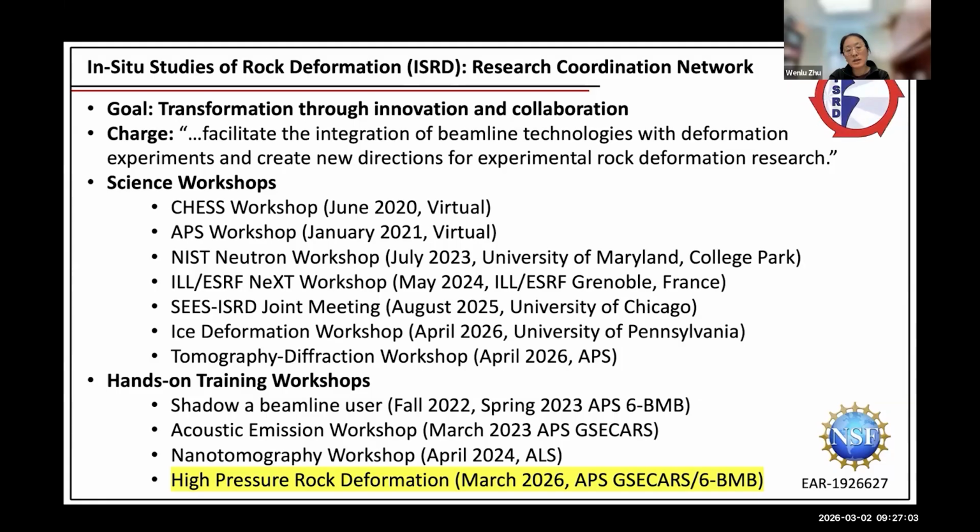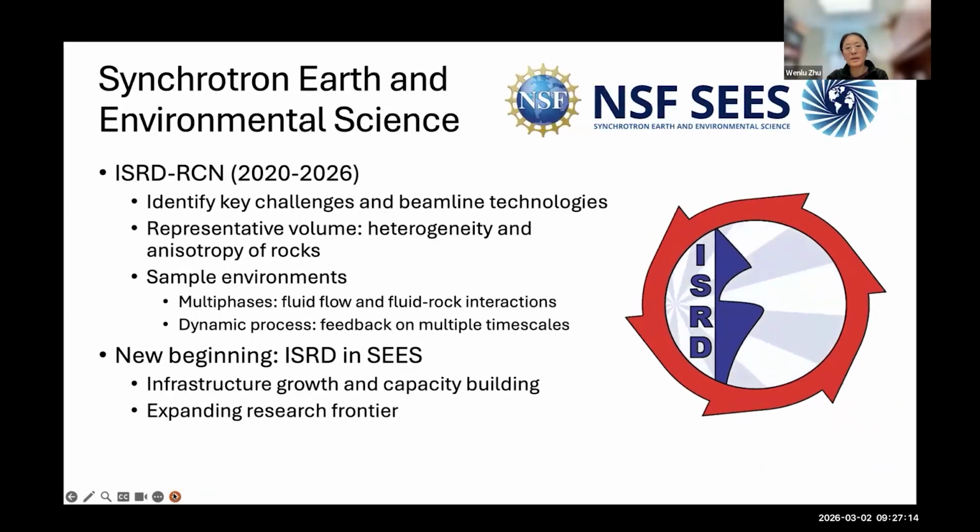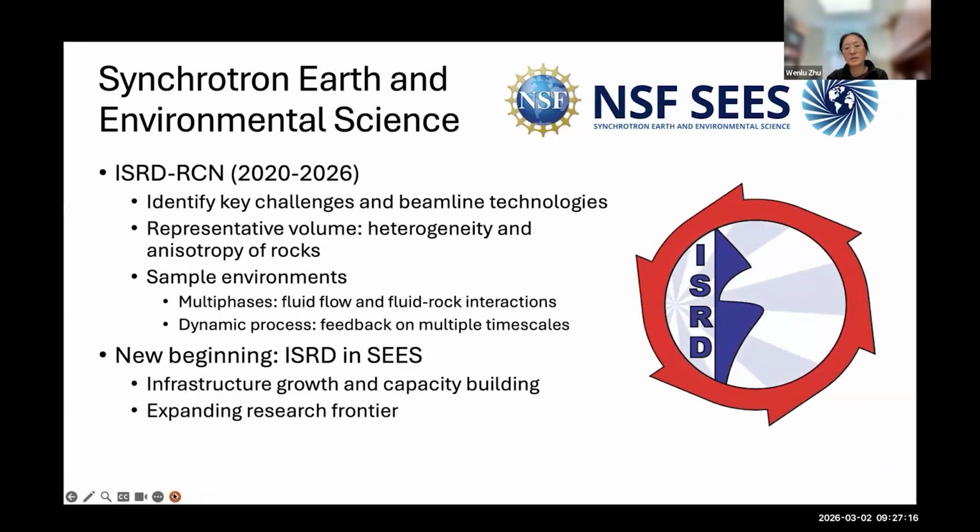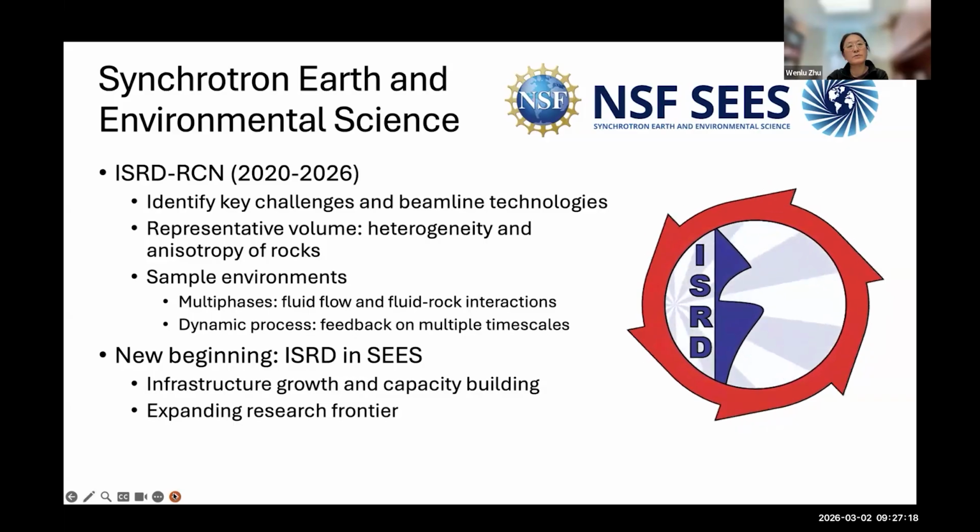And this one is our last one, on high pressure rock deformation, that's happening today. I really hope you all enjoy it and get useful ideas and inspiration to take home with you.